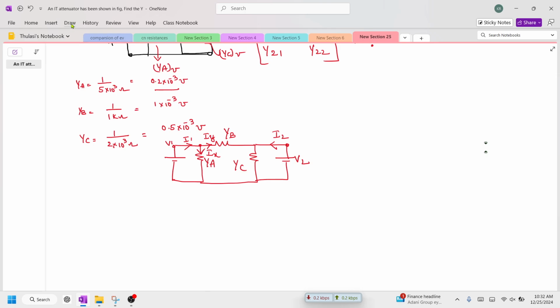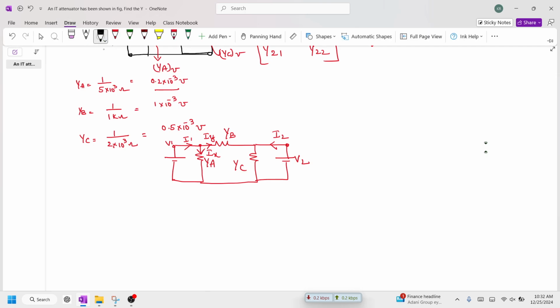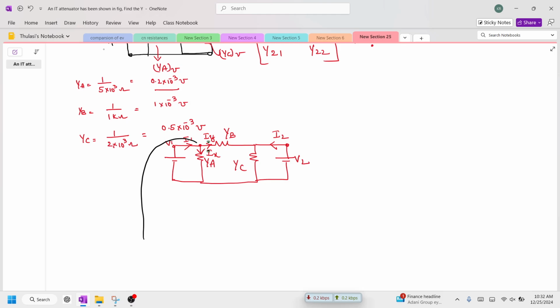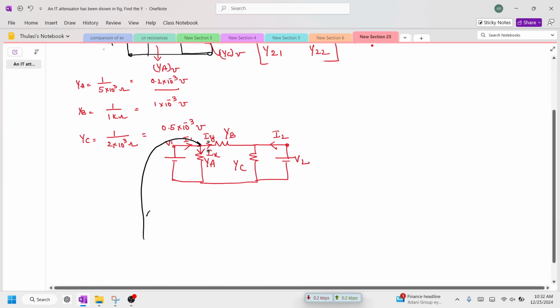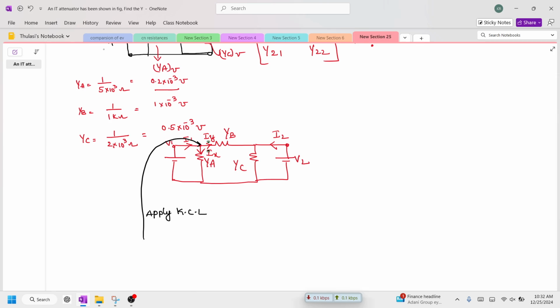So I'm going to apply Kirchhoff's current law at this node. When you apply Kirchhoff's current law, the entering current is I1. The leaving current in this branch is Ix, and the current leaving this branch is Iy.